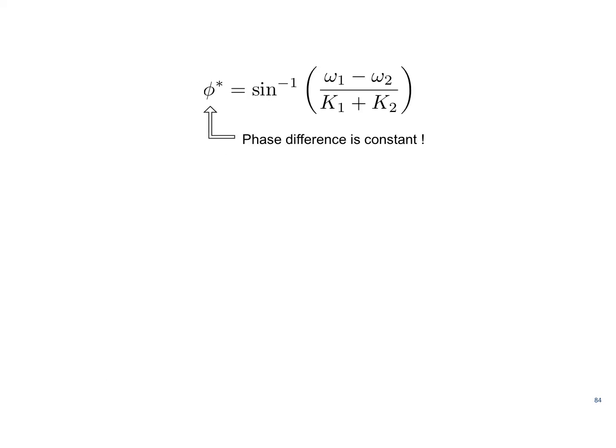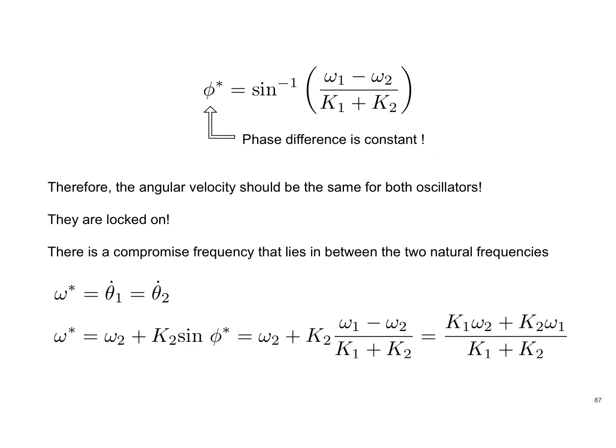So the main takeaway is to remember that when two systems are synchronized, we have a phase difference between them that is constant. So as you already expected, the angular velocity is the same for both oscillators. The technical jargon is saying they are locked on. So when two oscillators synchronize, they are locked on. And here we can demonstrate that the compromise frequency lies between omega 1 and omega 2.